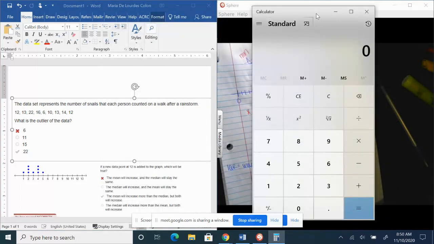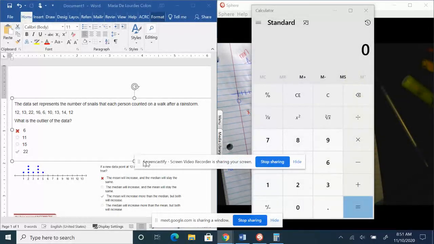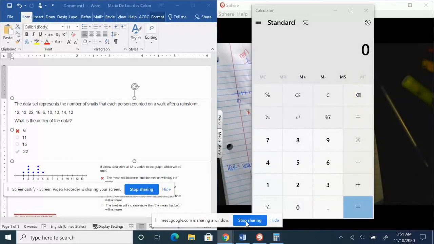Let's see if you can see that. Is it sharing? No? I don't think I see it. Okay, so let me... I don't know how to... So I'm going to stop sharing that so that I can now show you my entire screen.